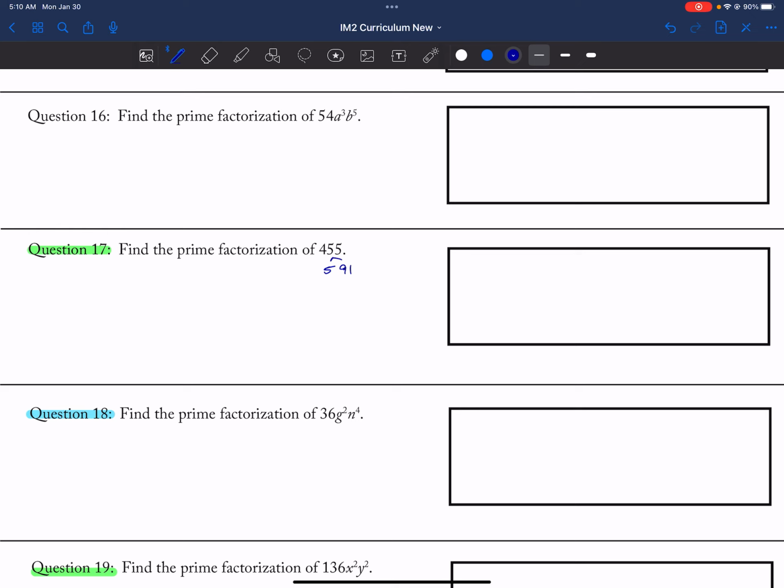Not divisible by 3 because 9 plus 1 is 10, which is not divisible by 3. 4, not divisible by 2, so it doesn't matter. 5, not ending in a 5 or a 0, so it doesn't work. 6, not divisible by 2 or 3. 7, maybe 7. Let's try 7. 7 times 13 is 91. So 5 times 7 times 13.